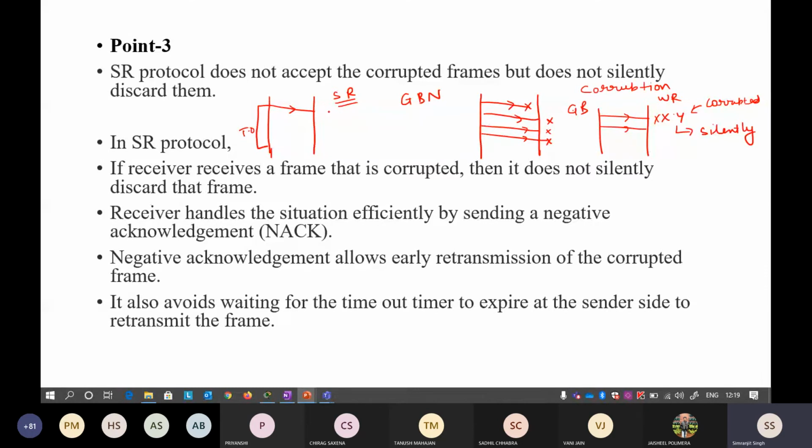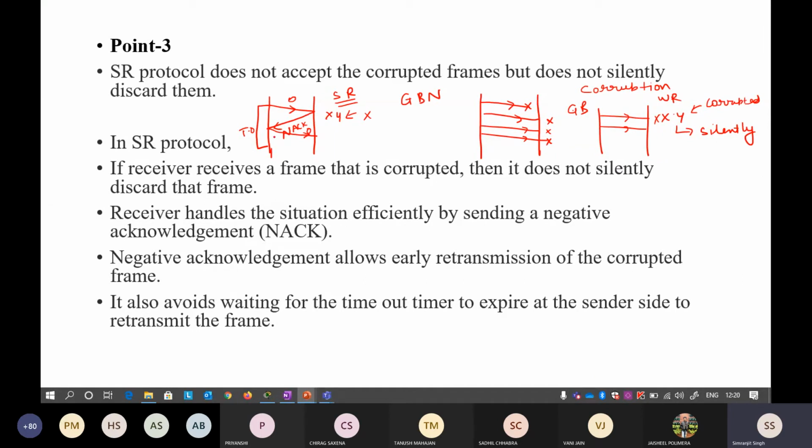Because the receiver cannot understand the packet, it will discard it, no problem, but it will send something called a negative acknowledgement, that is NAK. Why is it sending the negative acknowledgement? When the sender receives it, it will understand that my packet got corrupted. It will again send the same packet towards the receiver. So if the packet is 0, it will send packet 0 again.